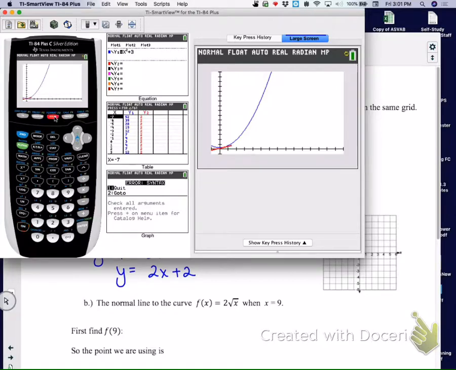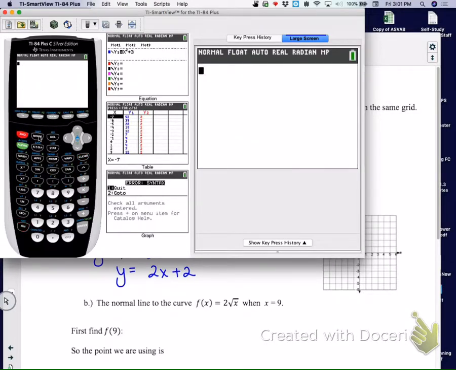All right, so if you have a window that's messed up like mine is, go to Zoom. Okay, hold on a moment. Never mind, I think we're good.